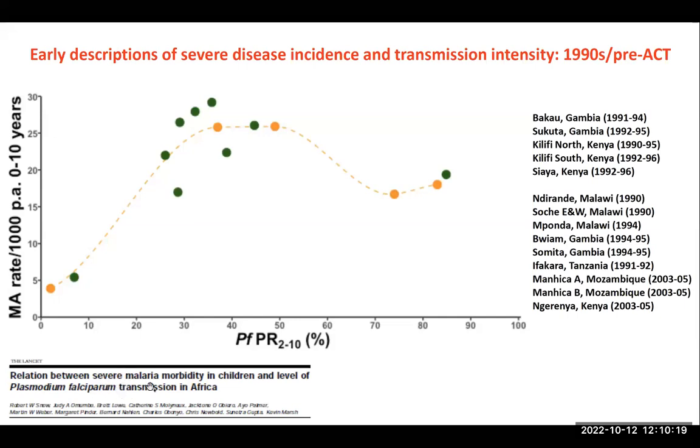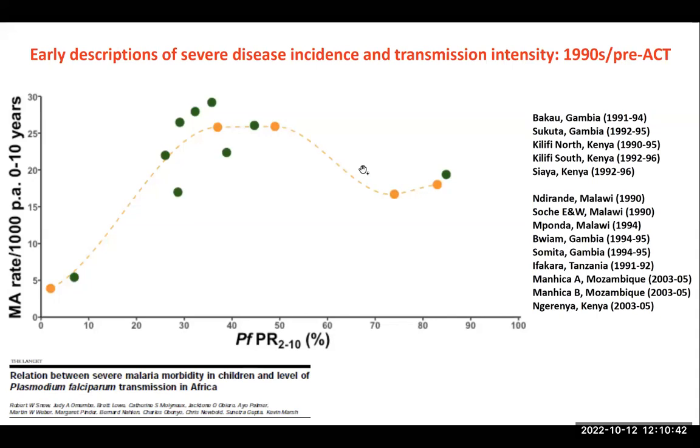And it used data from a first series of sites, in Bakau and Sukuta in the Gambia, Kilifi North, Kilifi South, and Siaya in Kenya. And these sites are shown by the orange dots on this figure. So this is obviously not the best way of showing what that relationship looked like.